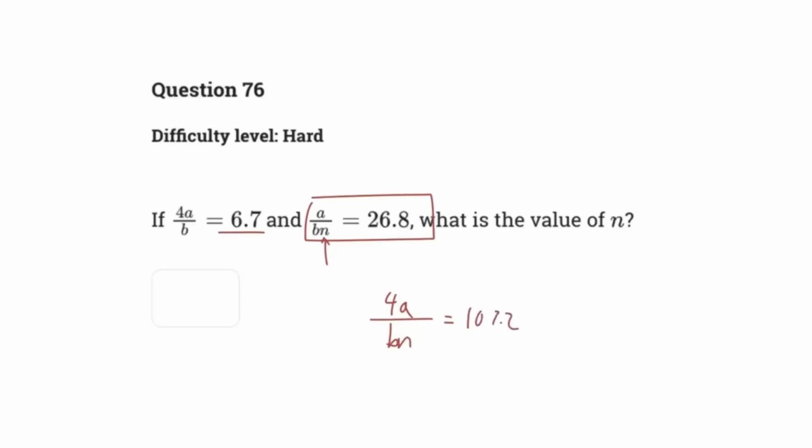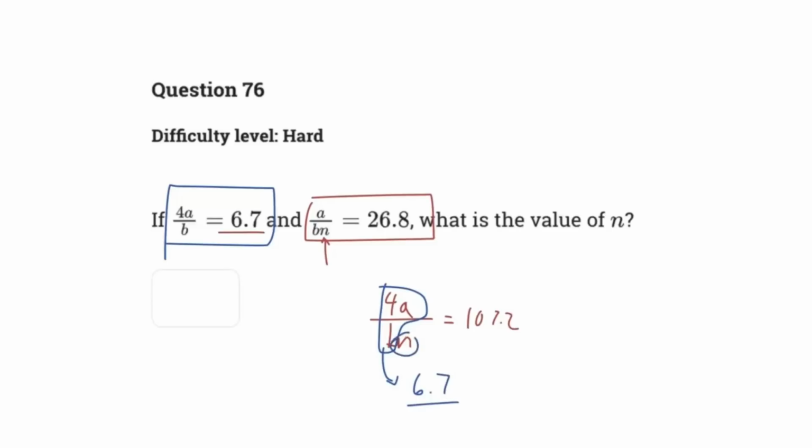All right, so now it's just time to simplify, right? So what value of n would make this true? Well, because we don't actually know what the value of a or b is, we have to infer that based on our given information. We know 4a over b is 6.7, and we have 4a over b in our equation. So this simplifies out to just 6.7 over n.